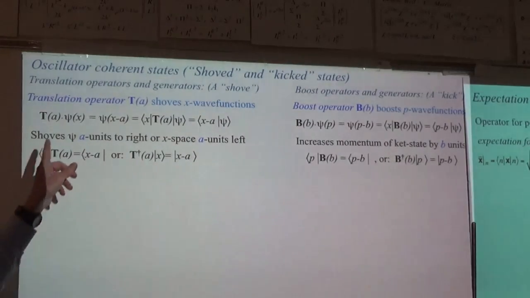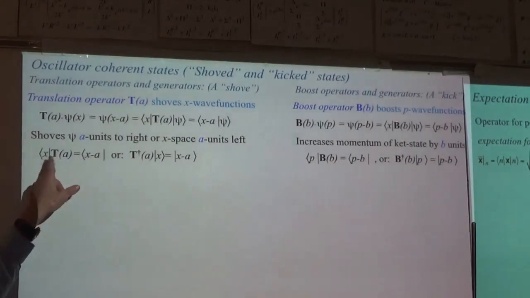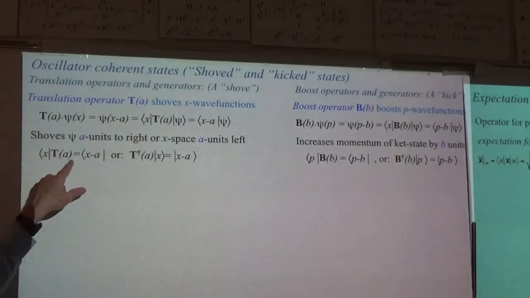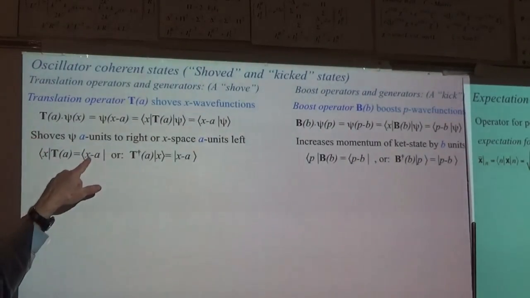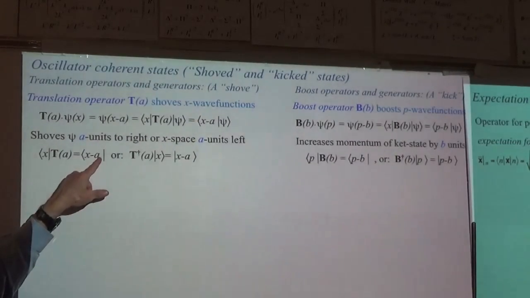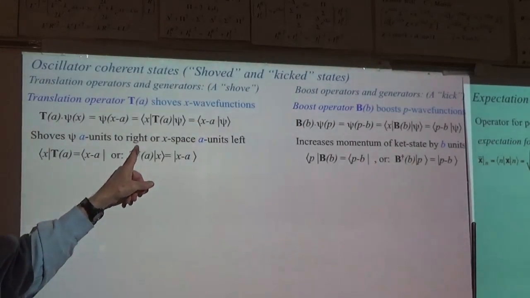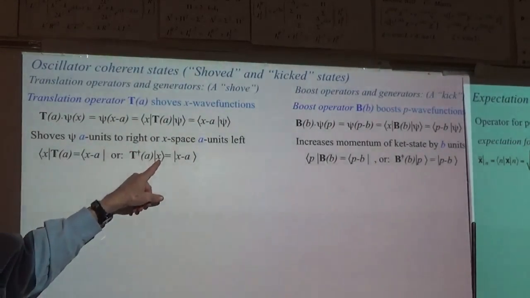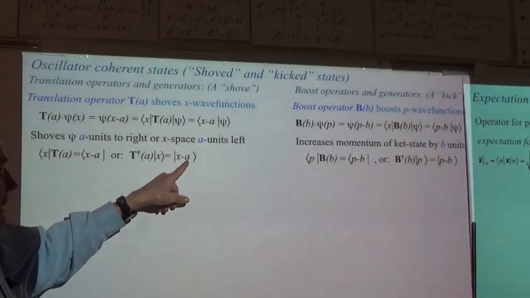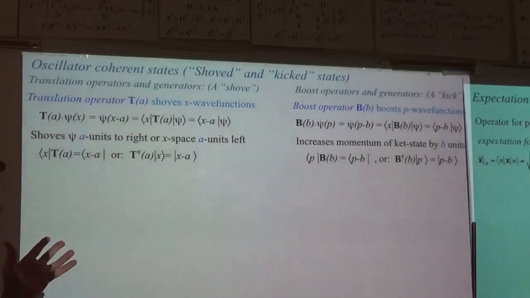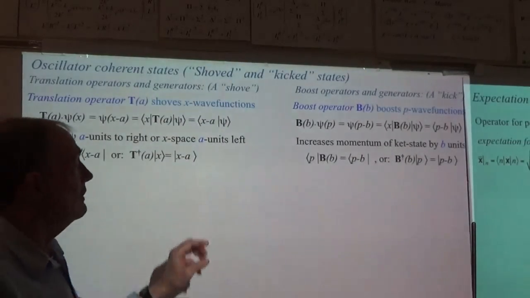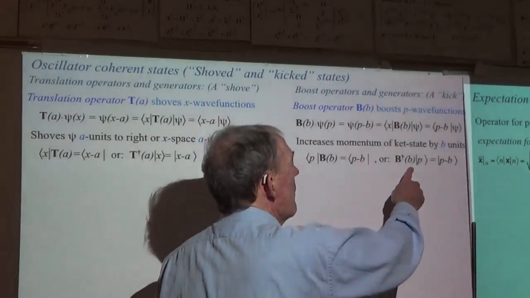We need to shove it a units, some way that I can apply an operator to a bra and make it go to x minus a. Or I've got to do T dagger a on x and make it go to x minus a. So a little bit of bookkeeping here to get the right sign on the translation and on the boost for the momentum states.